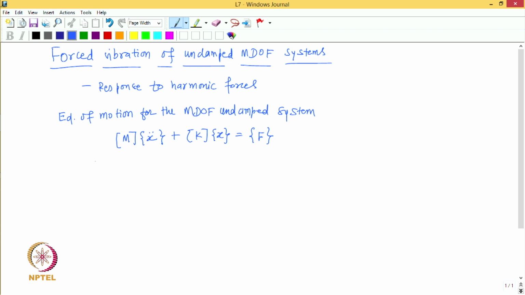So, here the matrices M and K are the mass and stiffness matrices and they are symmetric.